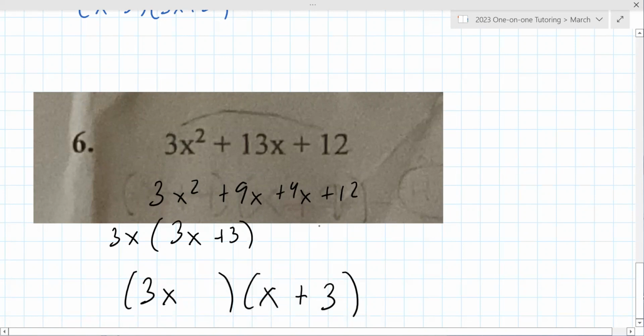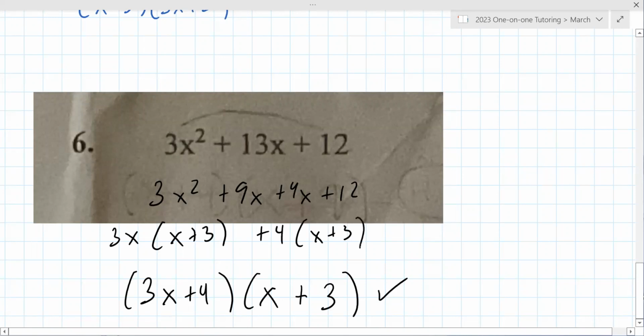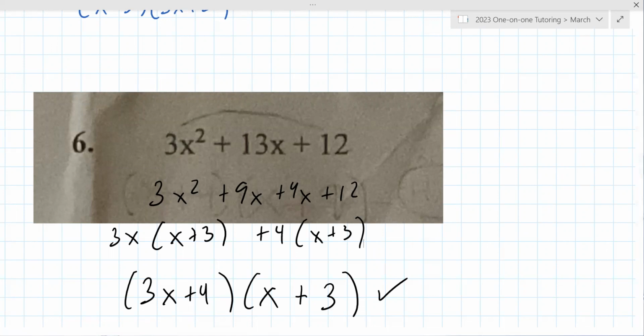And then you write, I'm sorry, x plus 3. I'm making bad mistakes here. Okay, x plus 3, and then plus 4. So 3x plus 4, x plus 3. Maybe just a stray minus sign. Yeah.